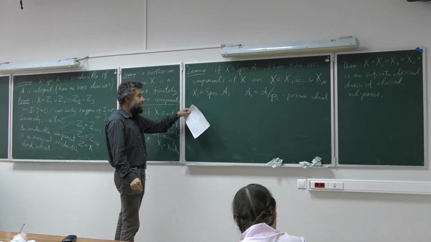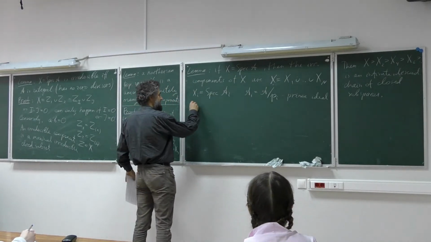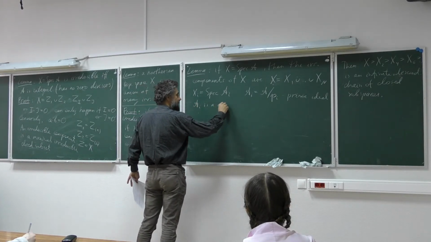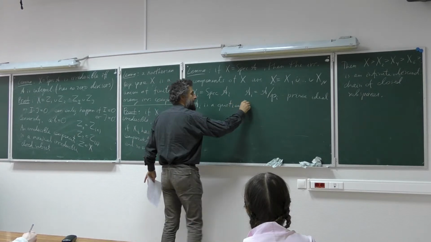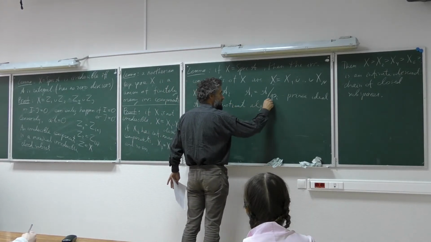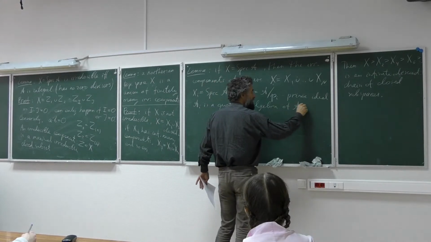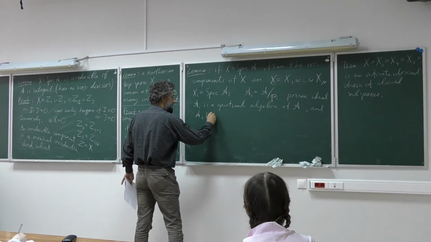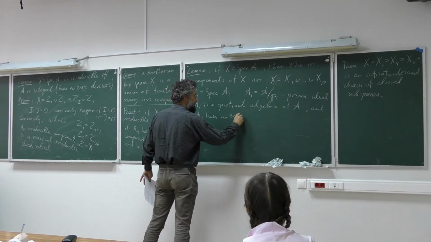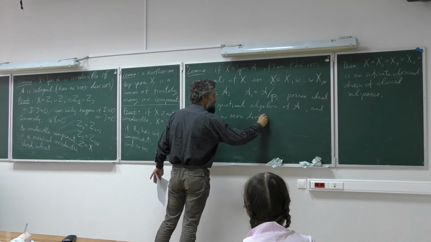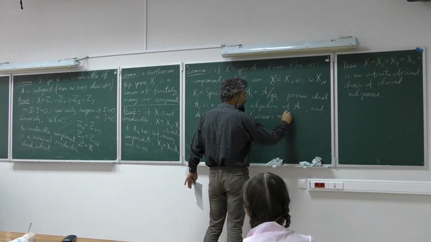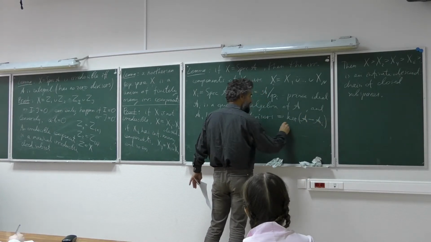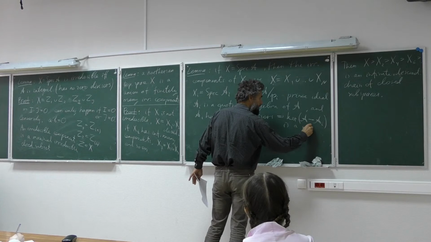Because it's a sort of tautology, yeah? Because Ai is a quotient algebra of A, and Ai has no zero divisors. Hence, the kernel of the projection from A to Ai is a prime ideal.